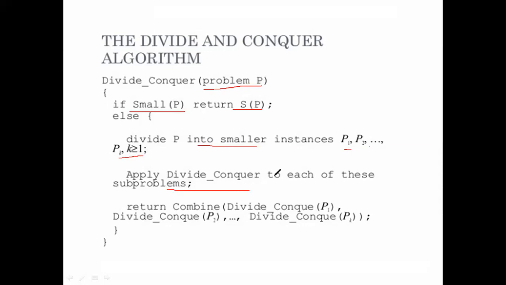Once you divide the problem, then apply divide and conquer to each subproblem. Then we have to combine the subproblem solutions into one solution. In which way? So combine the divide and conquer of P1, P2 and Pk. That is the solution for the actual problem P. So this is the algorithm for divide and conquer. Is it clear?